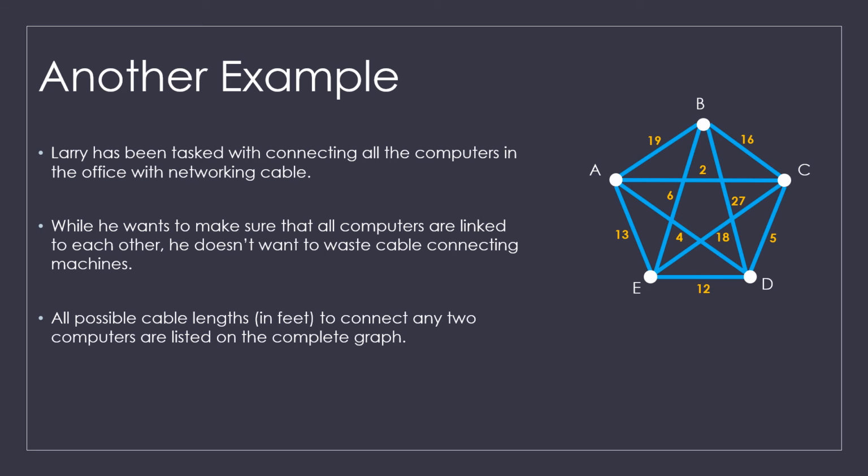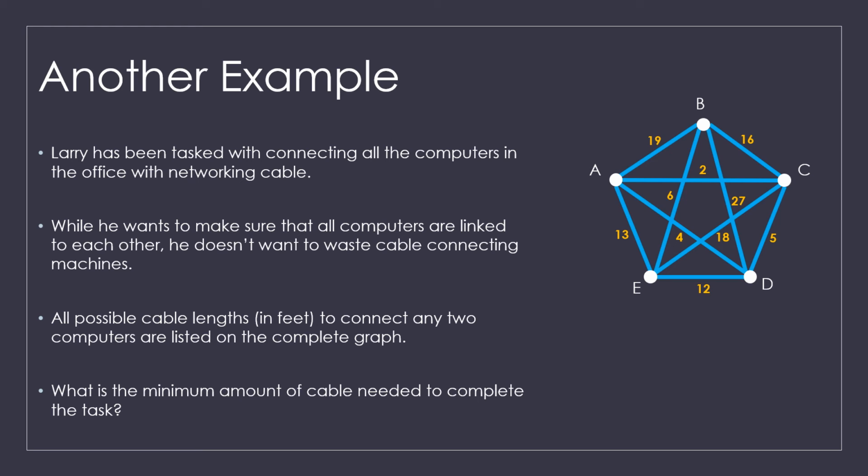So he knows all of the possible cable lengths, like how far the cable would have to stretch in any particular case, but he doesn't want to draw all of them, because then he'd have to buy a bunch of cable and hook it up, and he doesn't want to do that. So his question is, what's the absolute minimum amount of cable to make it so that all the computers are connected in some form? That's it. This is a real problem.